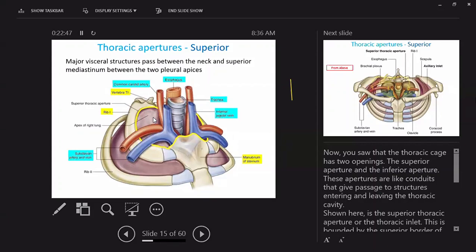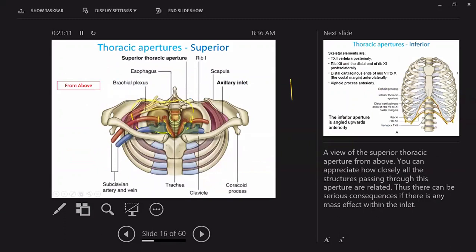So if people go and fiddle around with needles in the neck, they can actually puncture the lung. So it's very important to know exactly that the lung is projecting at least 2 inches above the level of the first rib and about 1 inch above the level of the clavicle. So these things you will learn when you read up.